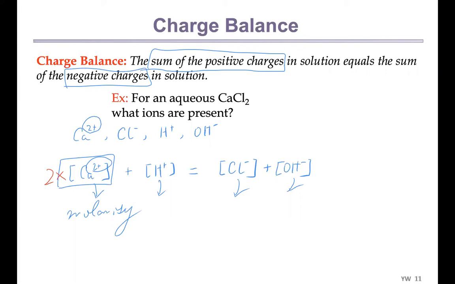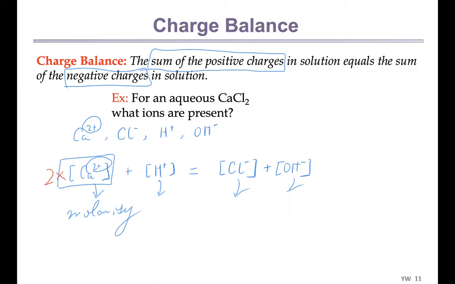And for the rest of them, because they're only carrying 1, you don't have to multiply by any coefficient. Okay, does that make sense? Because you're actually not counting the ions, you're counting the charges carried by the ions. And because calcium is carrying 2 charges, you need to multiply it by 2.